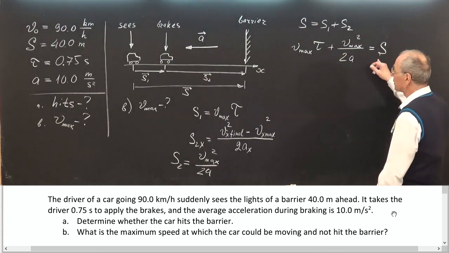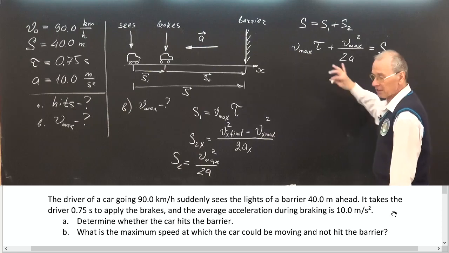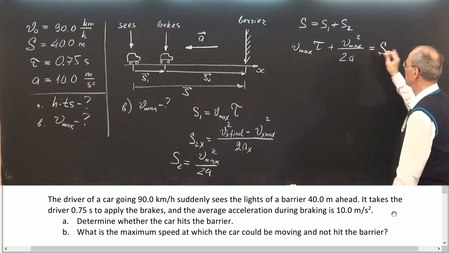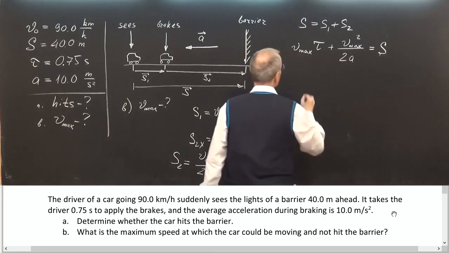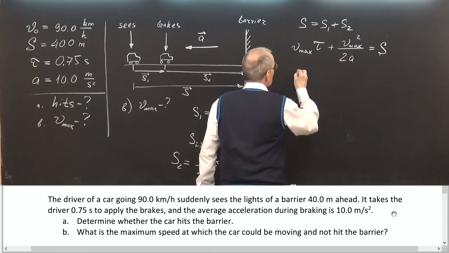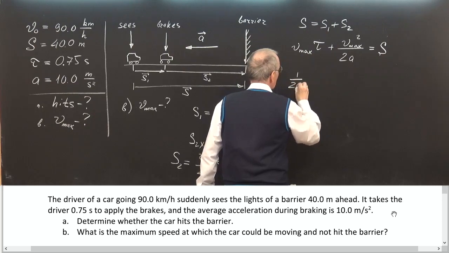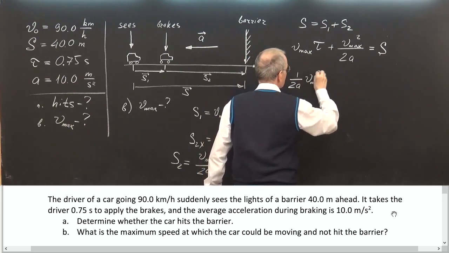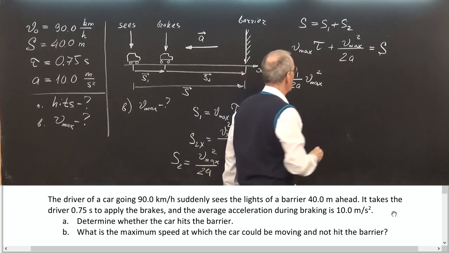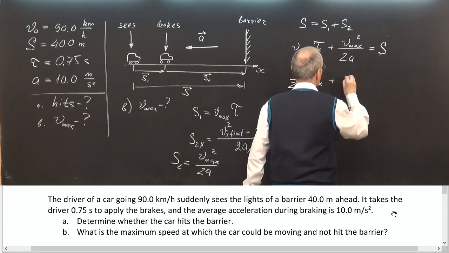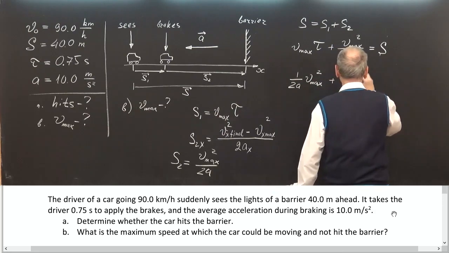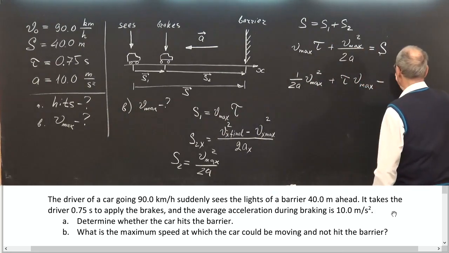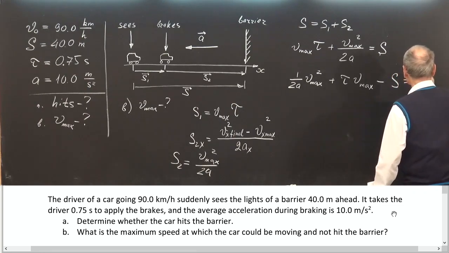We have a quadratic equation. Let's rearrange this equation to have 0 on the right side of the equal sign. The first term plus the second term minus S equals 0.